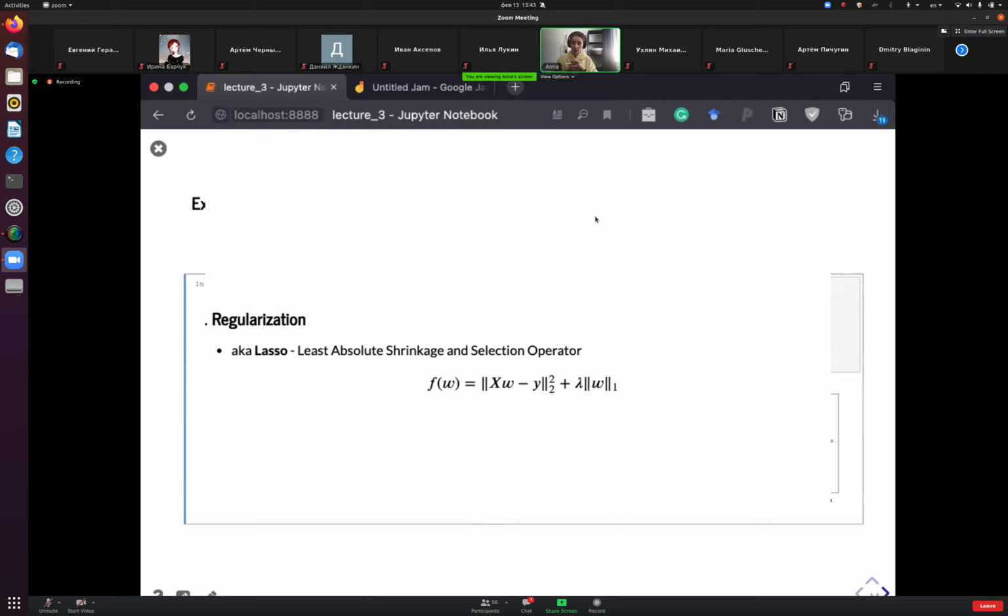And here comes the problem, because we have a sum of absolute values, and how to find the closed form solution is already not an obvious thing. So let us discuss, firstly, in case of orthogonal features, what would be the solution? And then we will see how that gives us an easy way to get a gradient update for such a model.